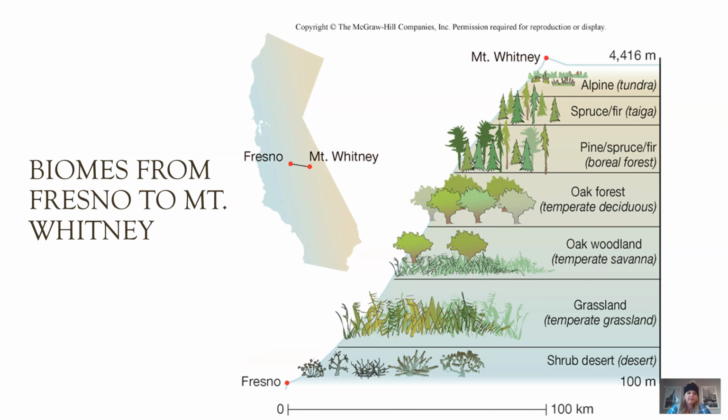All right, so getting a little closer to home, what do the biomes look like from Fresno to Mount Whitney? If you don't know, Mount Whitney is the highest point in the contiguous United States. So this is basically all of the United States except for Alaska and Hawaii. Mount Whitney is in the Sierra Nevada, so it's near Yosemite-ish, and it's at 4,416 meters high from sea level.